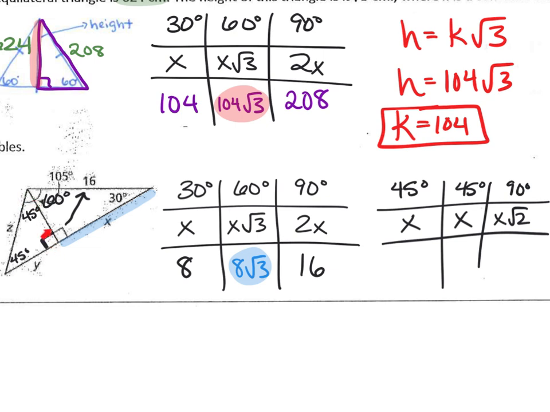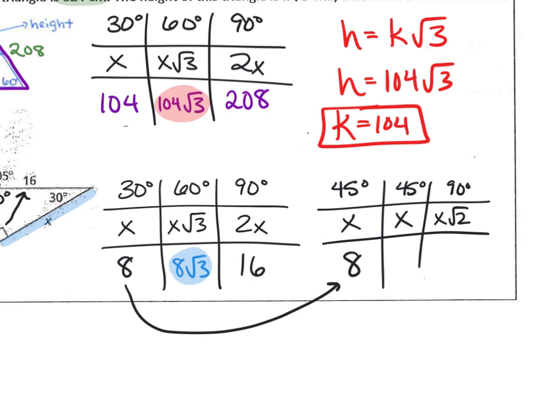We just found the height as part of the 30, 60, 90 triangle. This is across from the 30. So how high is it? It's 8, which means I was given that one of the 45 degrees was across from an 8. Which means the other 45 degrees would be what? 8. And then across from the 90 would be?